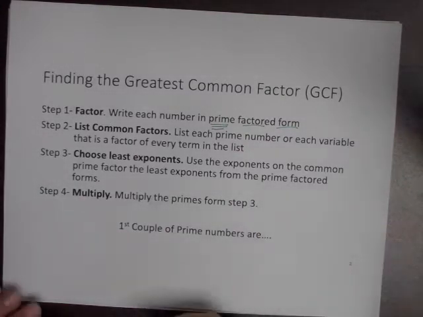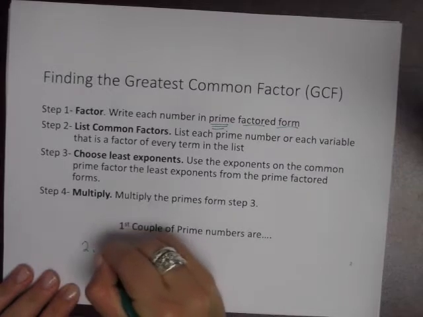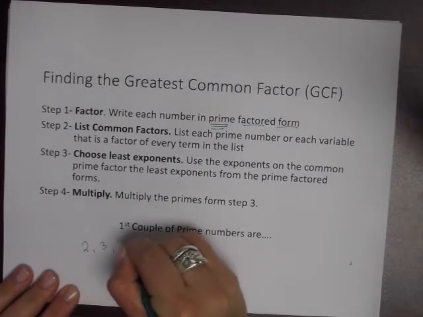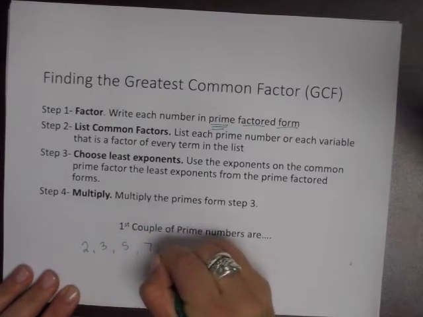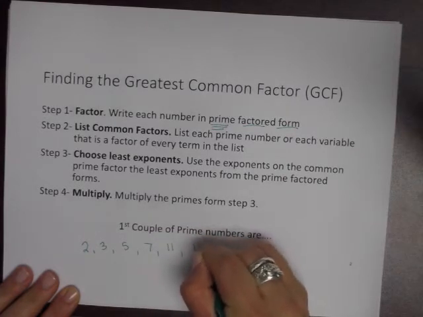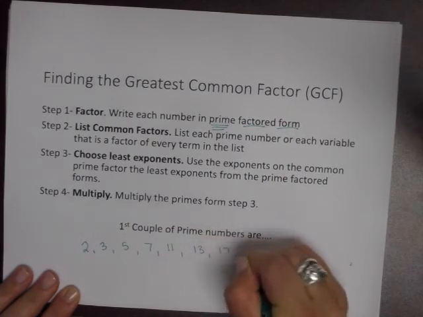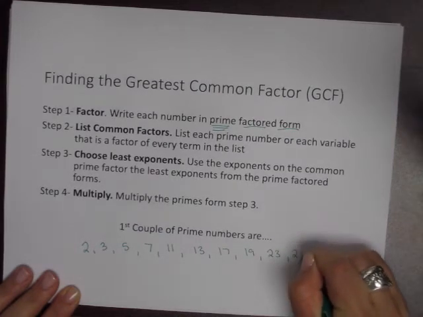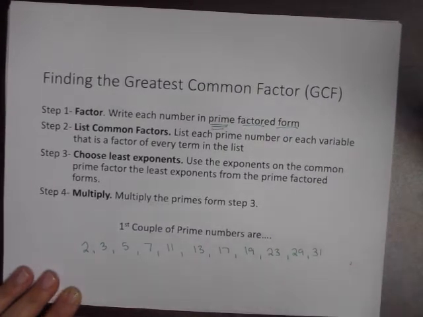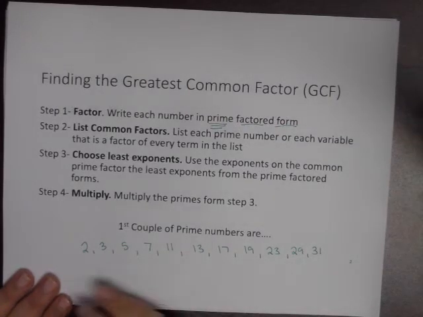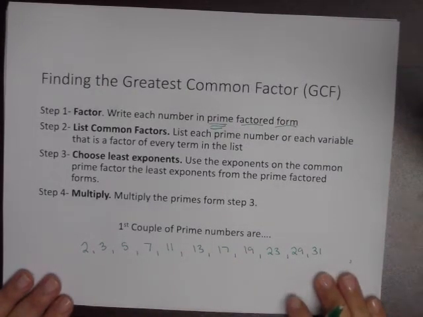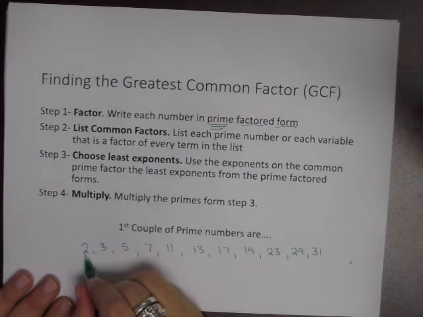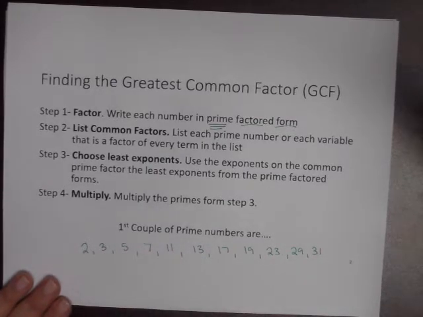So some examples of prime numbers are going to be 2, 3, 5, 7, 11, 13, 17, 19, 23, 29, and 31. There are more prime numbers than this, but that's about as far as you need to get going with it. So if I'm looking at 2, the only factors that I have of 2 are 1 times 2 to get me to 2. And that's the same for each one of these prime numbers.